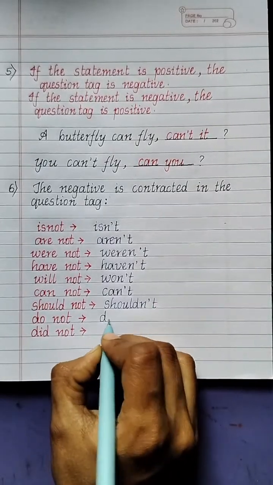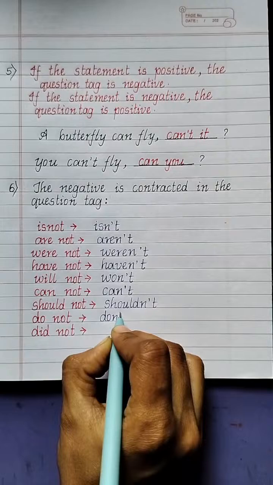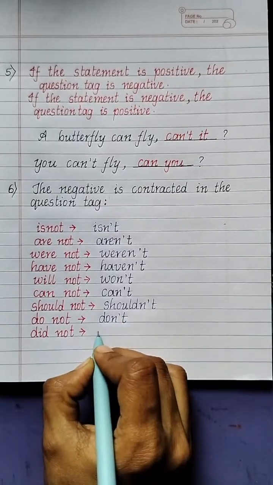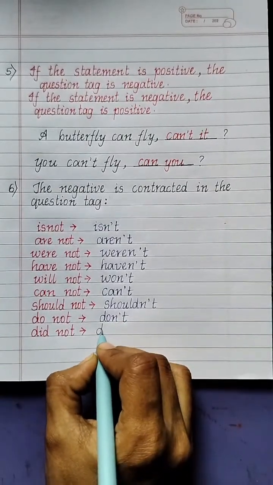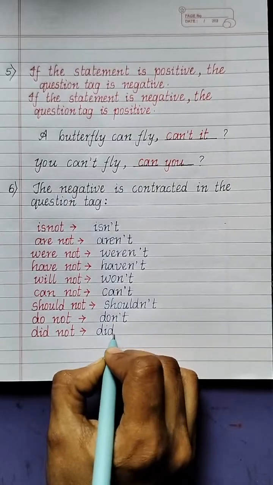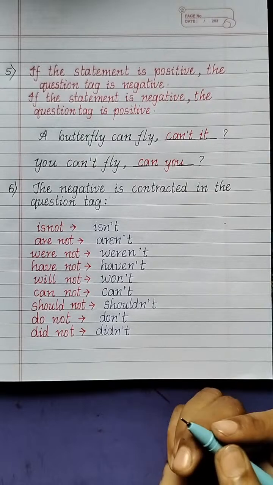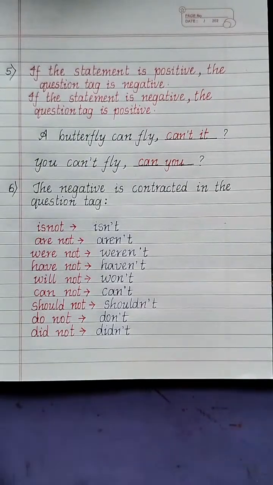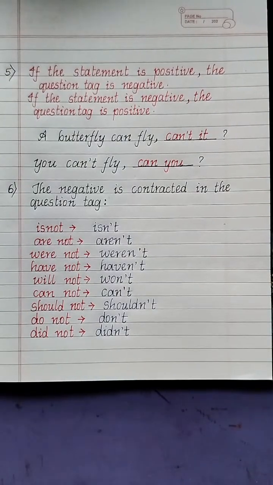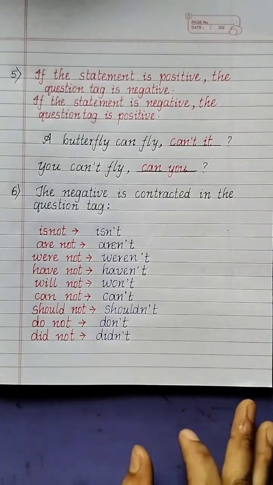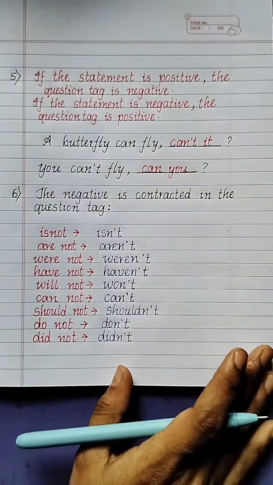Do not changes into don't. Did not changes into didn't. Okay. Some more words are there. Let's learn those words also.